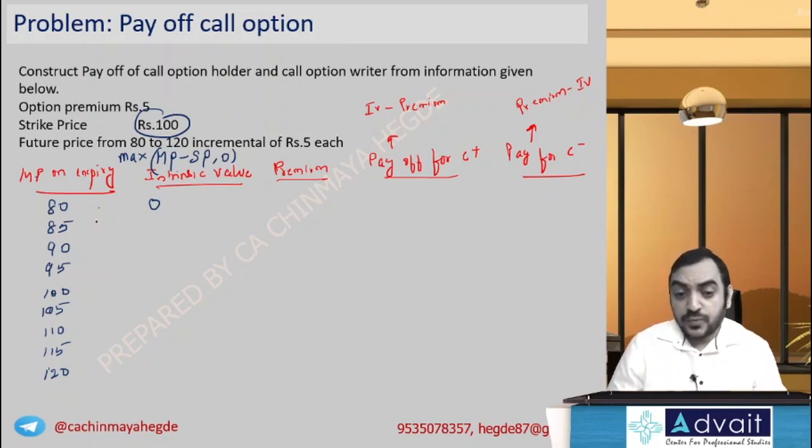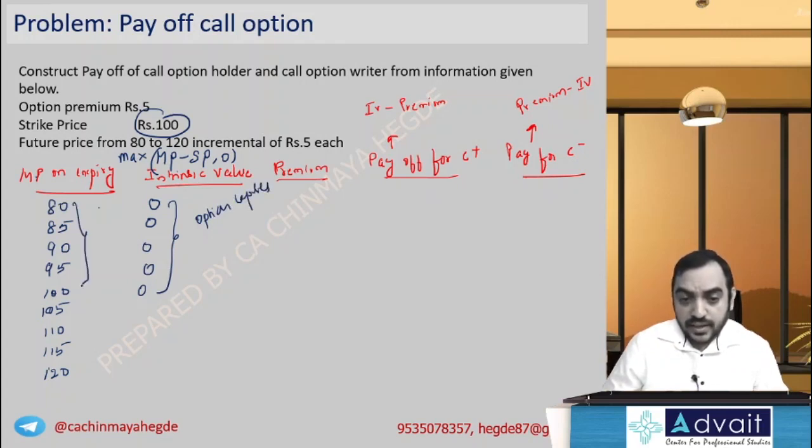At 85, again the option will lapse, 0. You can say all options lapse up to 100, because up till then the market price is less than or equal to the strike, so the option lapses. Till 95, and even at 100, it is out of the money.